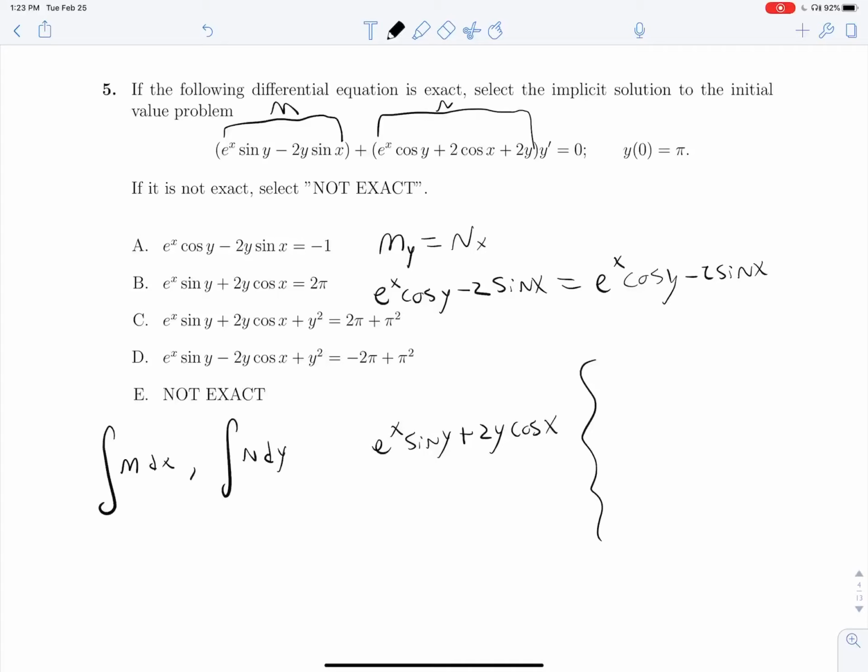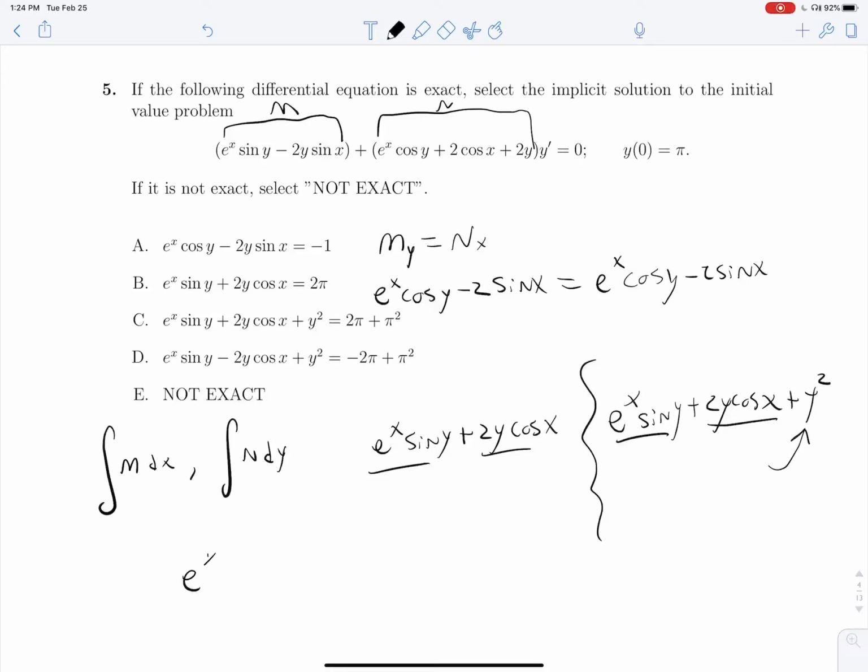And on the other side, I always like to draw a line down the middle so I don't mix and match things. We are going to get e to the x sine y plus 2y cosine x plus y squared. We see that we have overlap with these terms here, so we're only counting them once. And then, of course, we are counting our y squared, and that's all equal to c.